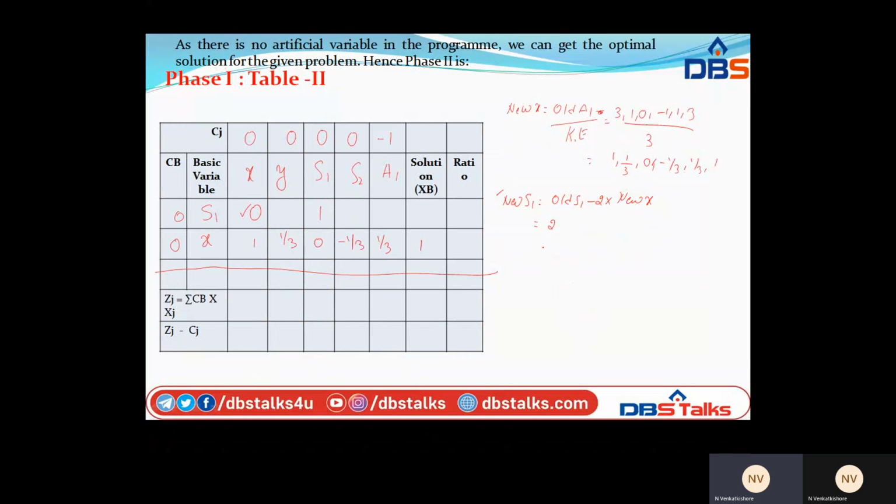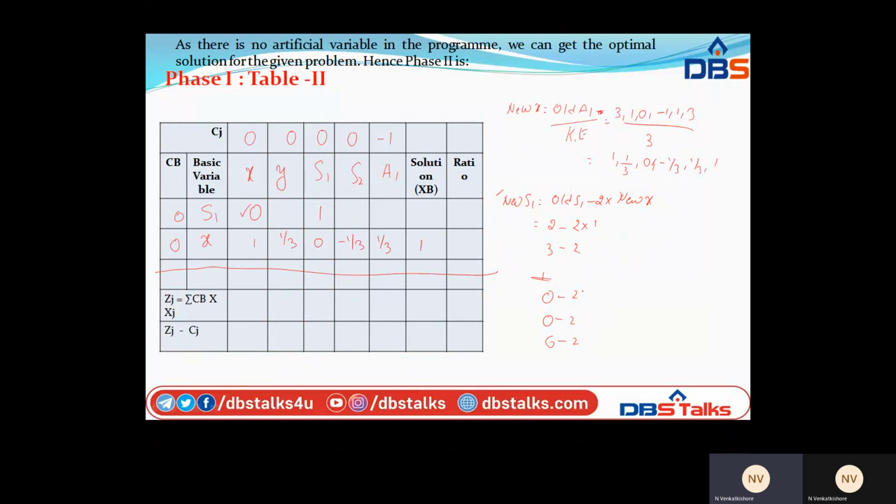What is the old? 2, 3, 1, 0, 0, and 6. If you see, no need to find out the third value also. This value is not required, since we already know that it is a 1. To save time, we need not calculate. This is also new x. New x is 1, 2, minus 2, minus 2, minus 2.